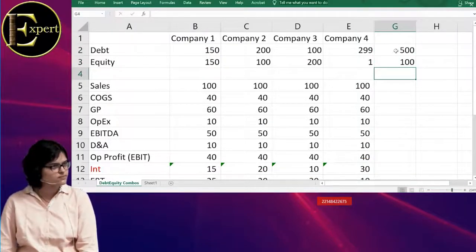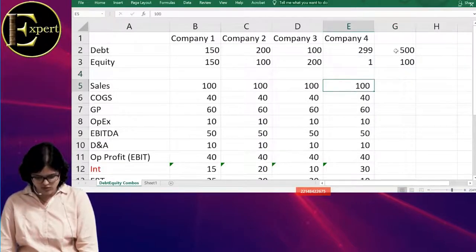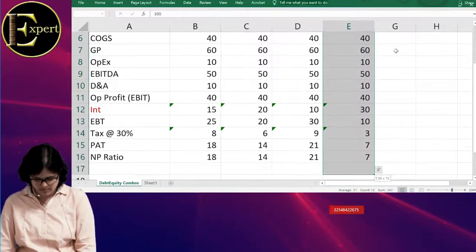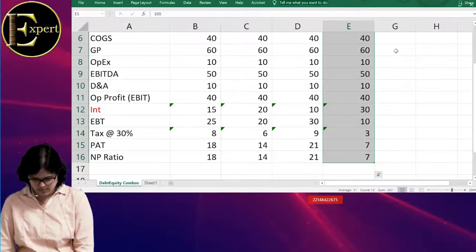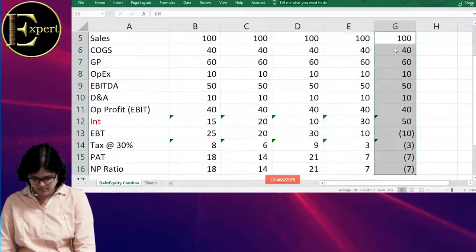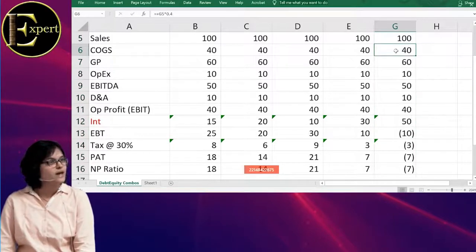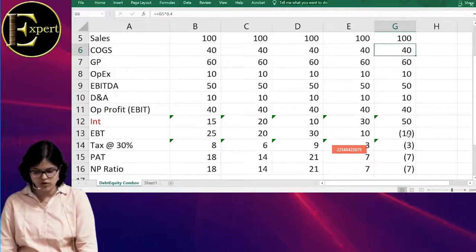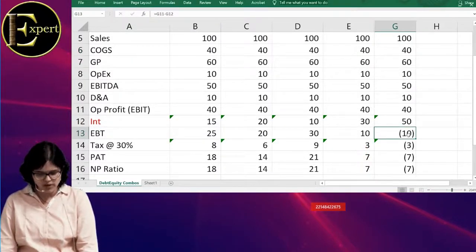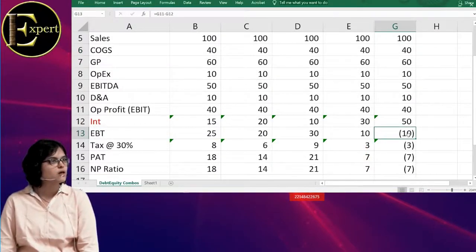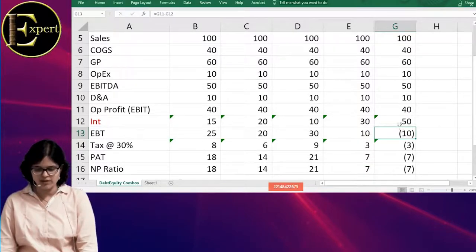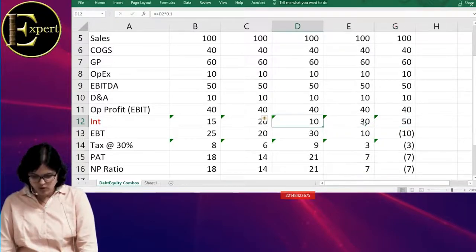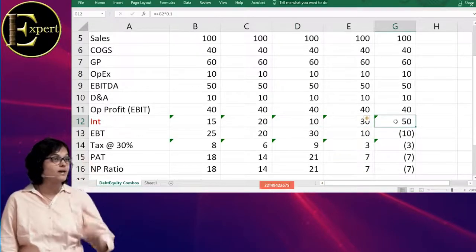If I say everything else is common, see, the higher debt you go up to, your profits are obviously going to drop. Why? Which component increased terrifically? The interest component increased terrifically, from 10 rupees on the lower end to 50 rupees on the higher end.